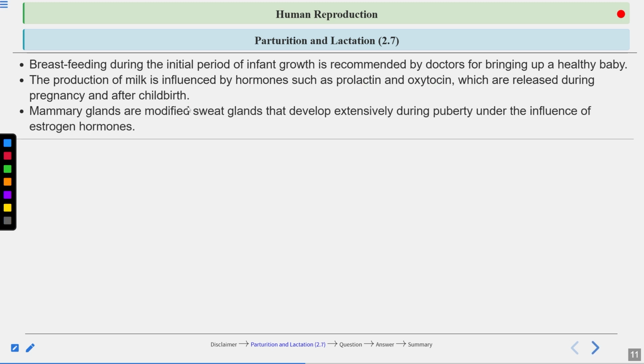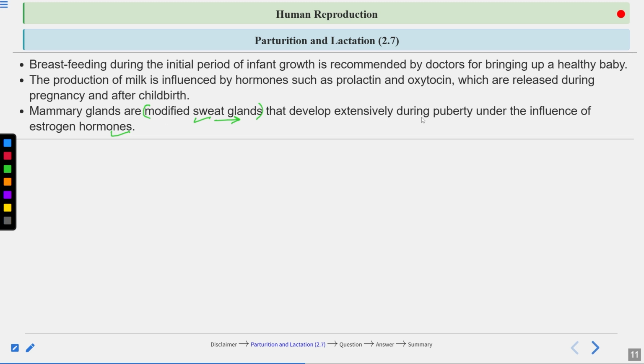What are these mammary glands actually? They are modified sweat glands that develop extensively during puberty under the influence of estrogen hormones. Even males have mammary glands, but they are not developed. In females, the mammary glands are developed, and they are nothing but modified sweat glands.